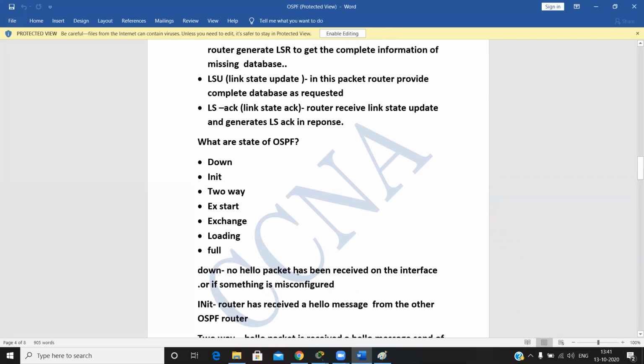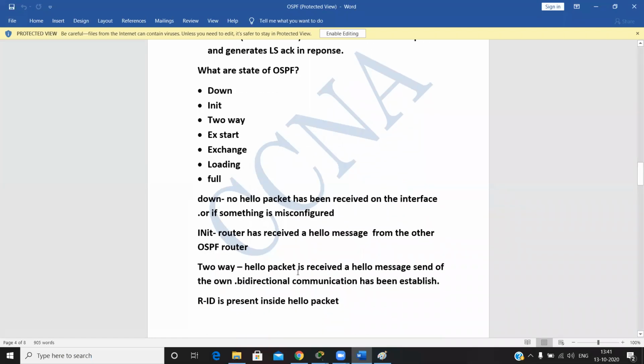We have 7 types of OSPF state: down, init, 2-way, exstart, exchange, loading, and full. Down: no hello packet has been received on the interface, or something is misconfigured. Then init: the router has received a hello message from the other OSPF router, but it does not send the hello packet back.